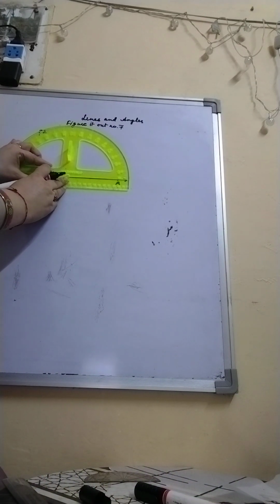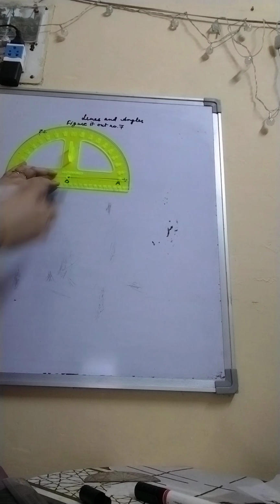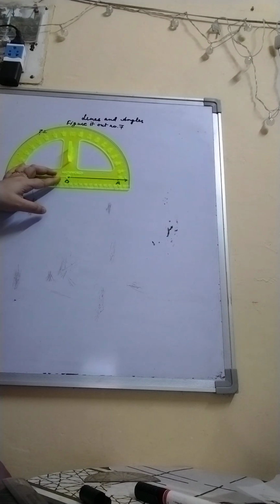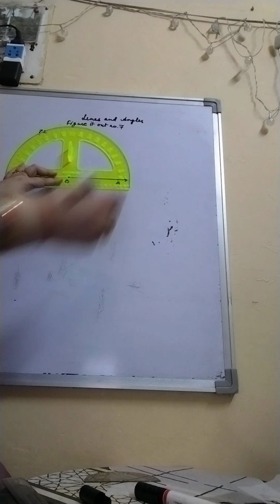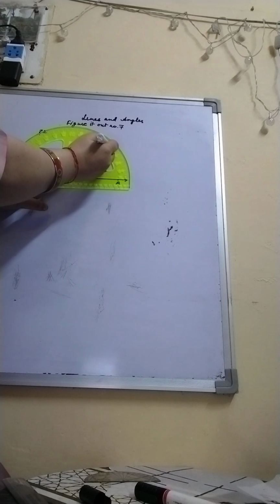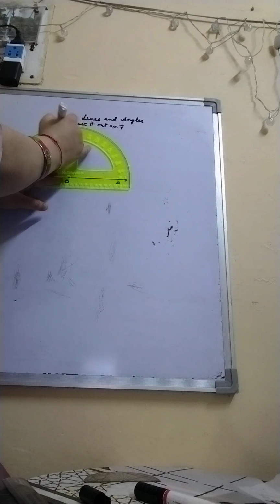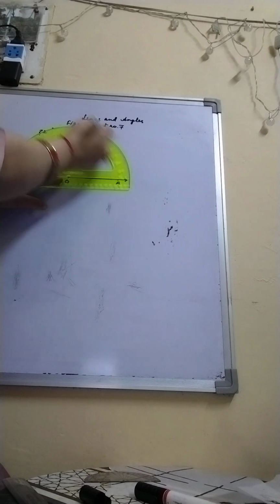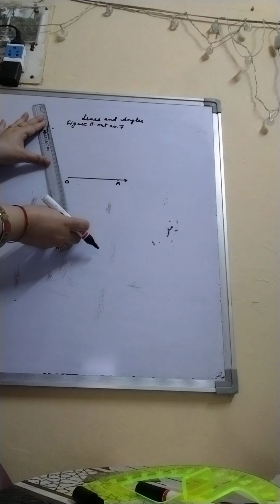Then put the center of the protractor over the vertex O. O is considered to be vertex. Align the line of the protractor with the ray and start with the 0 degree. So 0, 10, 20, 30, 40, 50, 60, 70, 80, 90, 100 and 110. Always start the reading from 0. This I have been telling in almost all of the classes.